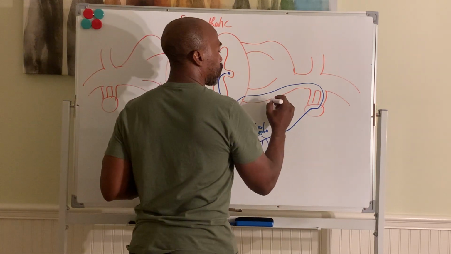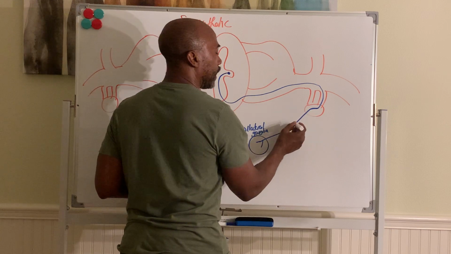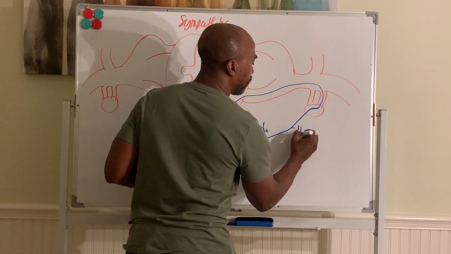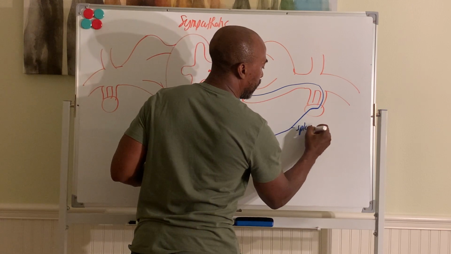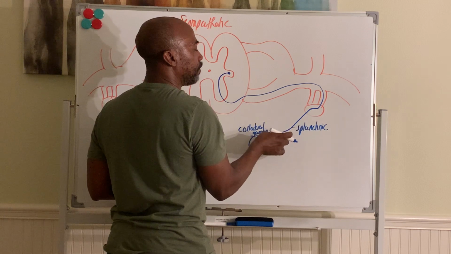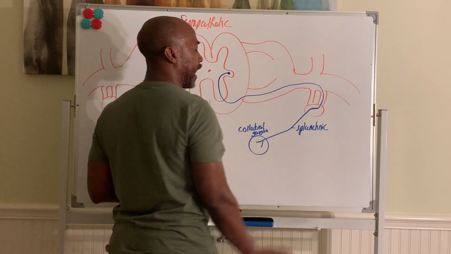As soon as it passes through the chain ganglia without stopping, the nerve that carries it is given a name: the splanchnic nerve. Splanchnic nerves are nerves that leave without synapsing in the chain ganglia.